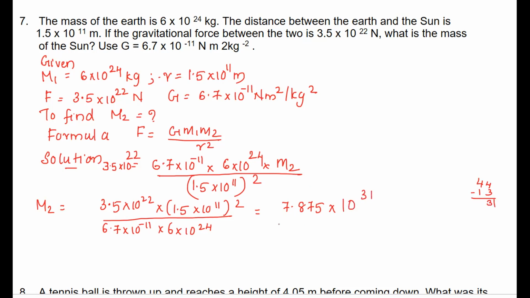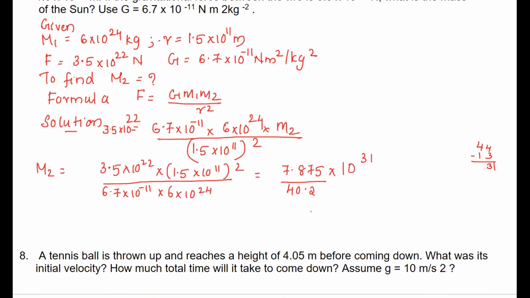And in the denominator, 6.7 into 6. On multiplying 6.7 and 6, we will get 40.2. Now, on dividing 7.875 by 40.2, we will get M2 is equal to 0.196 into 10 raised to 31.